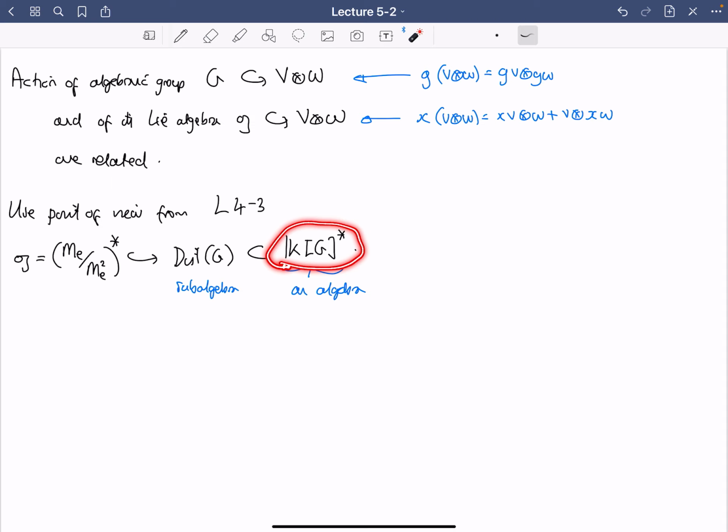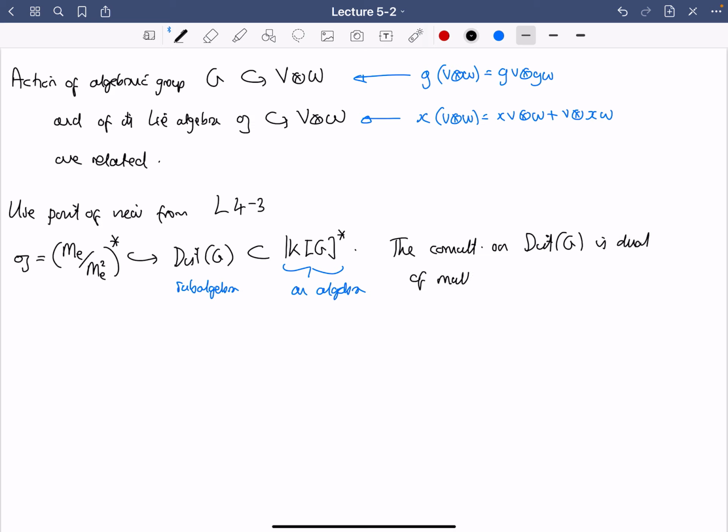But as I explained before, it does restrict down to a well-defined co-multiplication on this sufficiently small subalgebra dist-G. So from this point of view, the co-multiplication on dist-G is the dual of that commutative multiplication on the coordinate algebra.